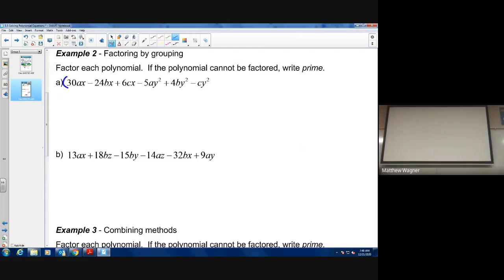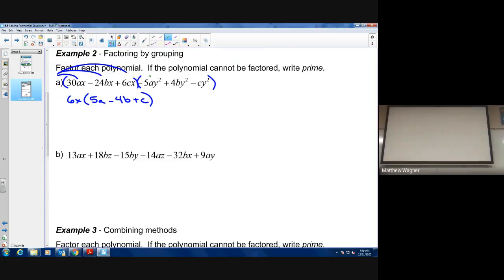So it looks like I see x, x, x. So I'm going to group 2 groups of 3. And then we want to take out anything that's common. And it looks like out of this first group, I can take a 6x. I'm left with 5a minus 4b plus c.